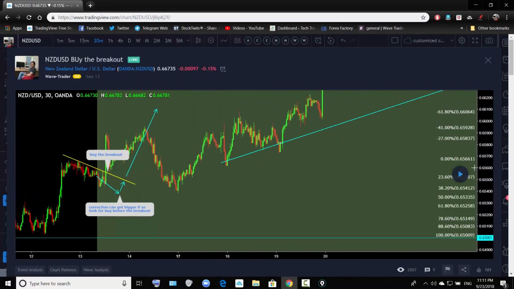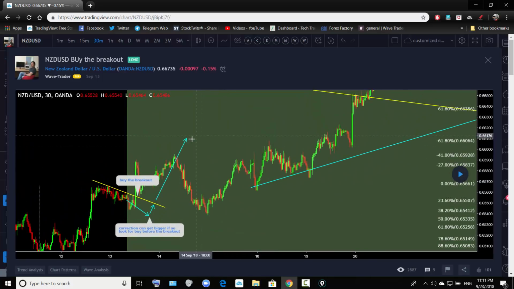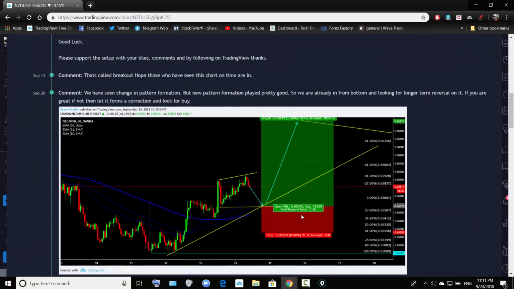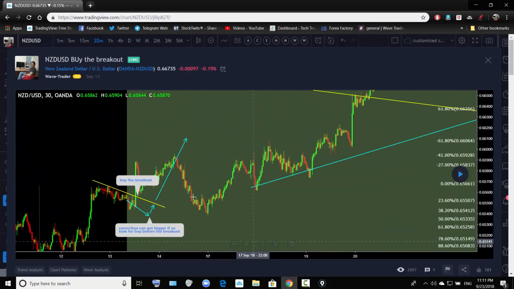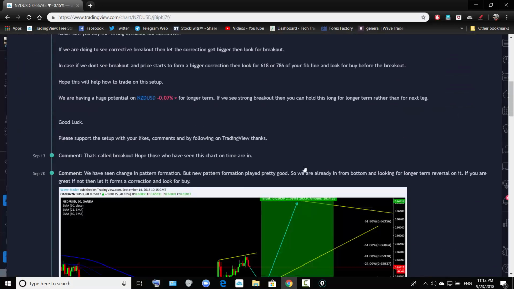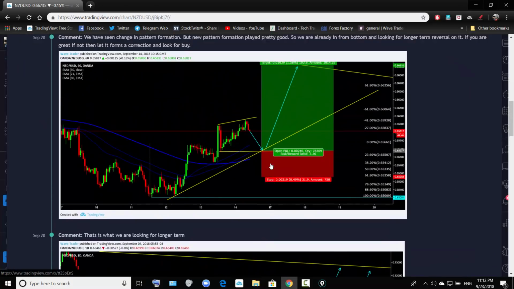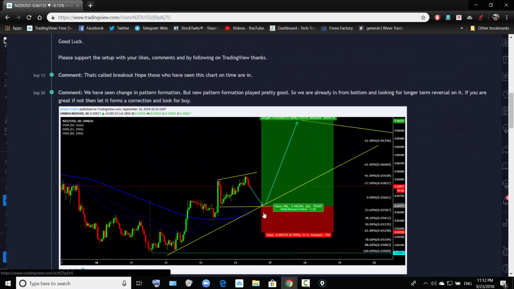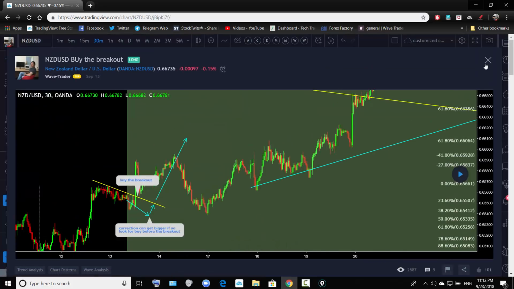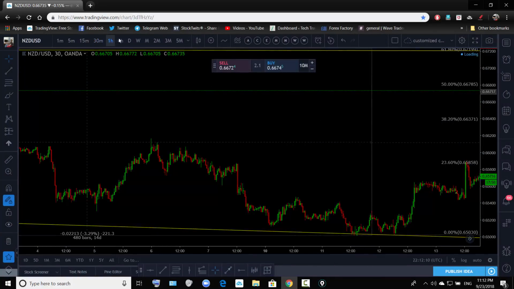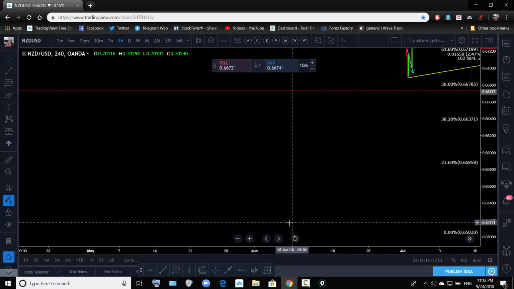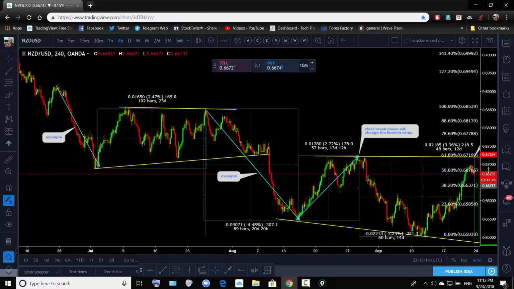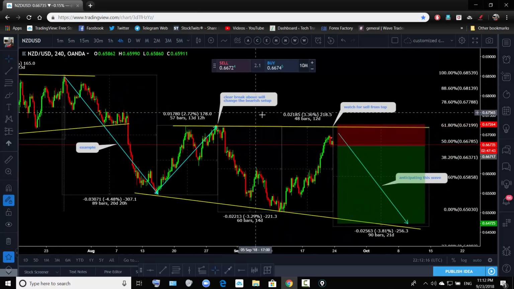It went up more than the target which we were looking for. So we were looking for first of all breakout and continuation, and then we were looking for it to change in pattern formation and give us a buy setup over there at the previous low and then continue for upside. So that trade was pretty good. Now we are looking for it to continue for one more drop and hit the bottom, this trade.